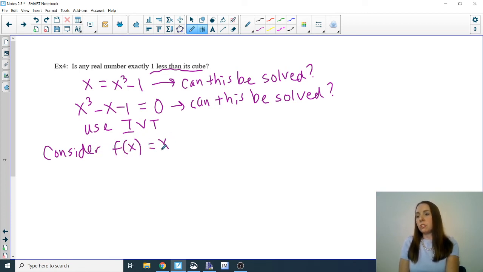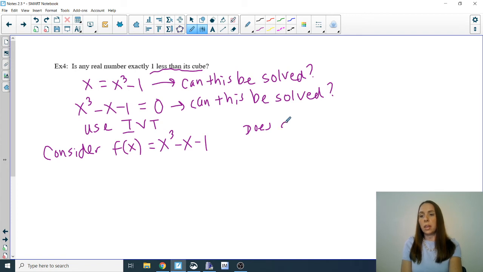I'm going to set up a function, f of x equals x squared, x minus 1. So what I'm looking for here is, is there a value for x such that when you sub that value in for the x's here, you get 0? Is there a c?